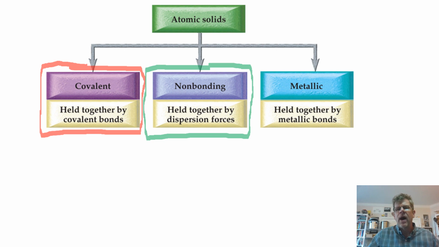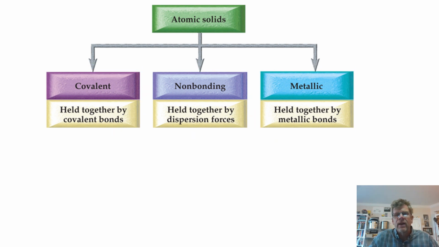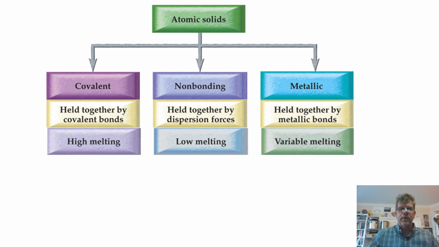And lastly, our metallic solids are held together by metallic chemical bonds. So we have these three, and the way we compared them last time was by melting point. So let's look at these atomic solids by their melting point.